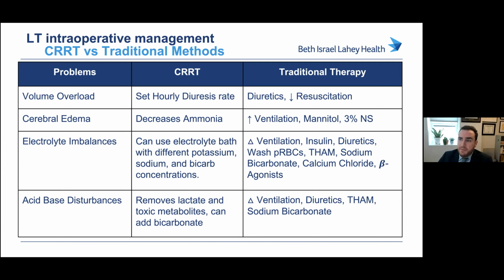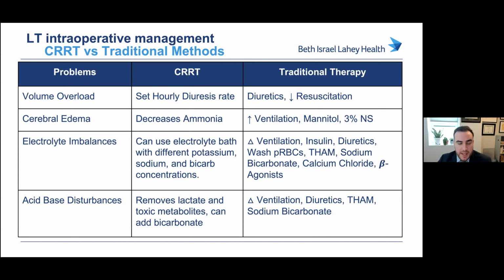There have been some studies that have looked at cerebral edema in patients with renal failure and acute liver failure. Renal replacement therapy has been utilized in these patients to decrease the level of ammonia in the bloodstream. Ammonia is associated with cerebral edema. No one knows if it has a direct effect on the brain itself, or if one of its byproducts, glutamate, is causing neurologic dysfunction and brain swelling.